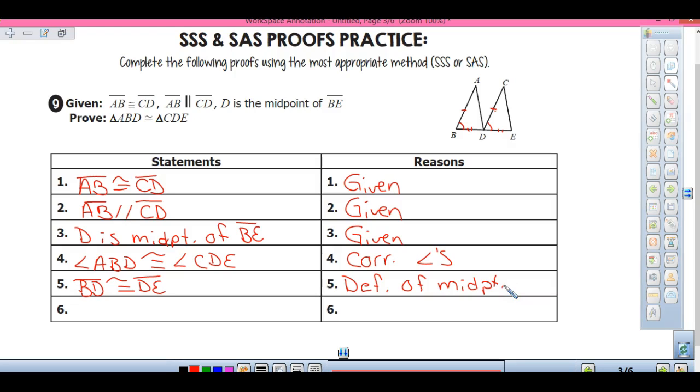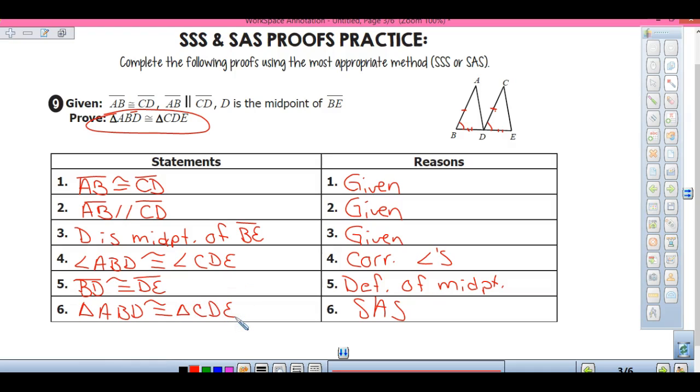Okay, so now, do I have congruent triangles? Based off of what? SAS. So that's going to be my reason. SAS, these are going to be my congruent triangles. Triangle ABD is congruent to triangle CDE.